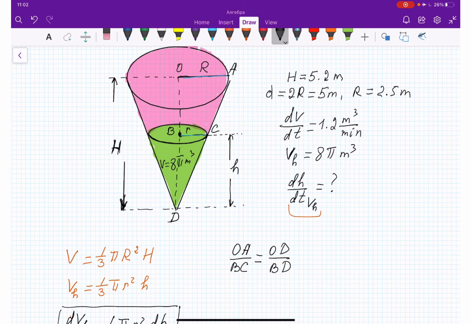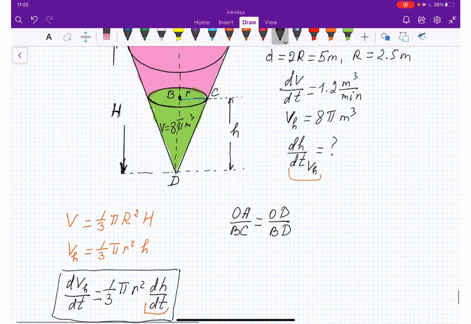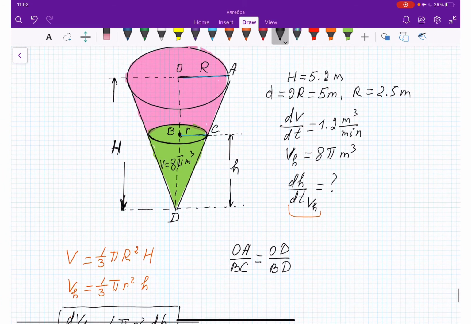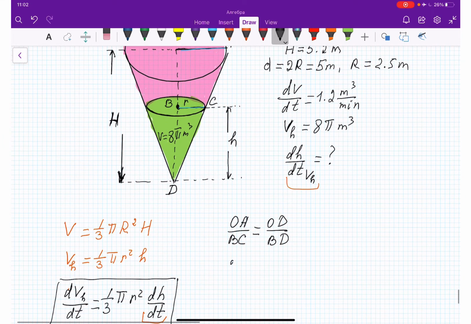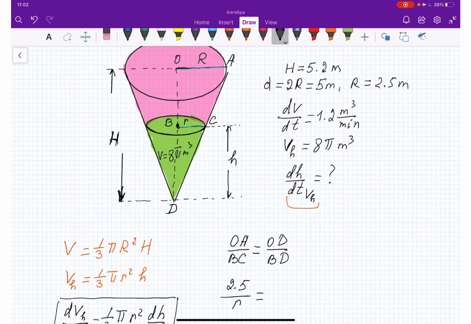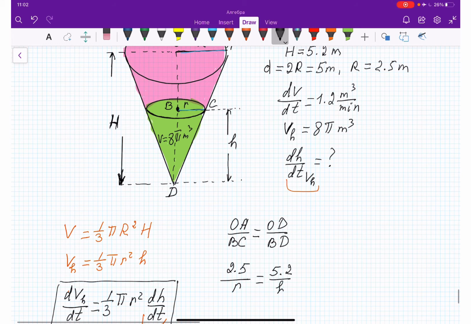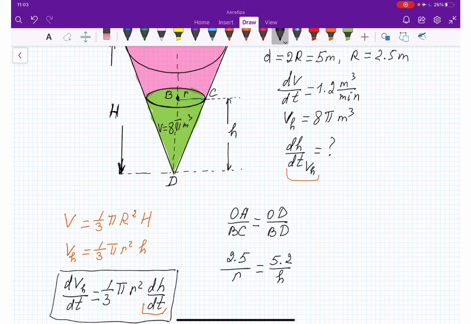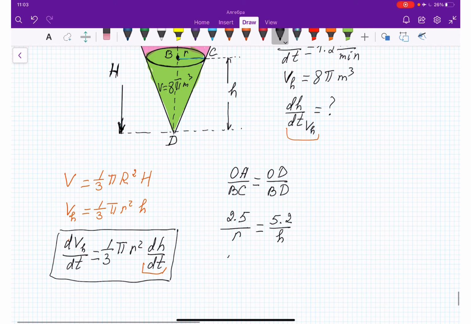All right, so from here, what do we have? My OA is equal 2.5. My BC is just r. My OD is 5.2 because uppercase H is equal 5.2, right? And my lowercase h, we don't know. So from here, I'm going to get 2.5h is equal 5.2r.